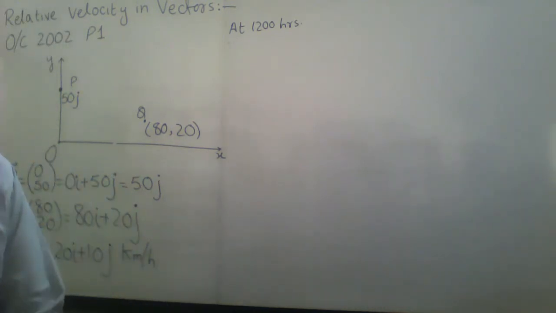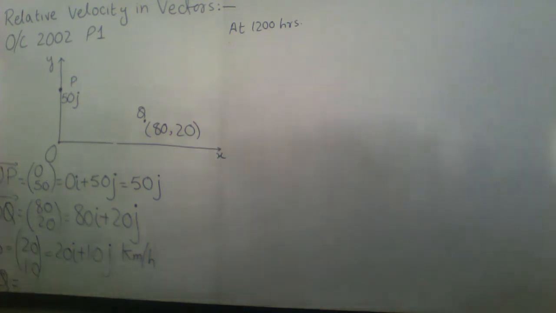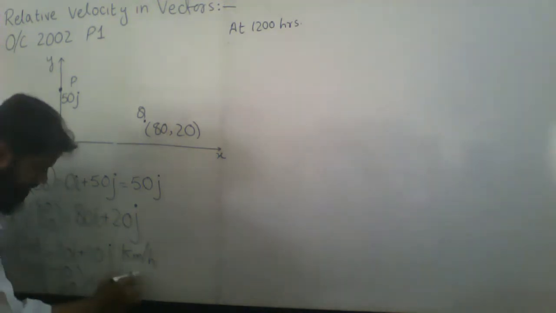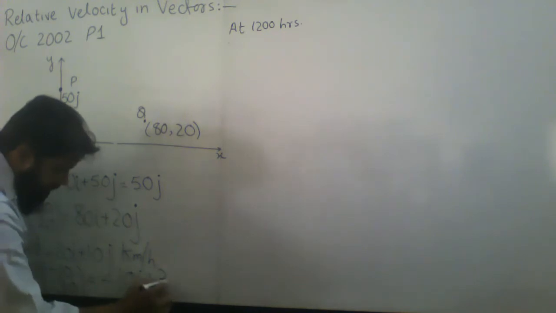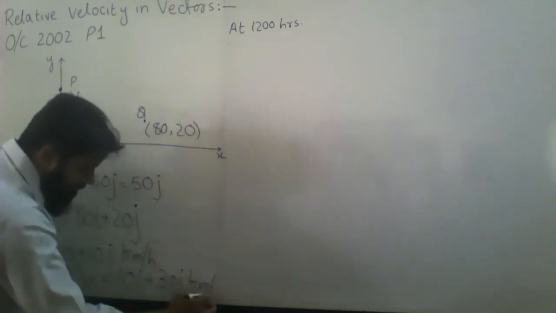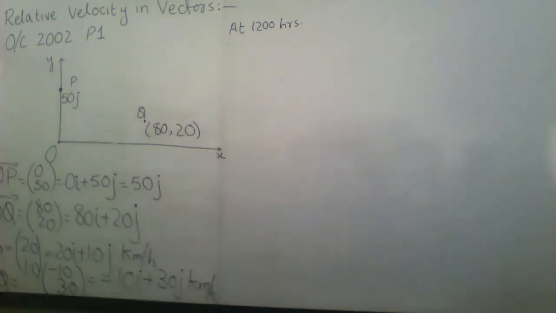I am writing it over here: minus 10i and 30j. In matrix form I will write it like this, or minus 10i plus 30j kilometer per hour. Again, it is in kilometer per hour.